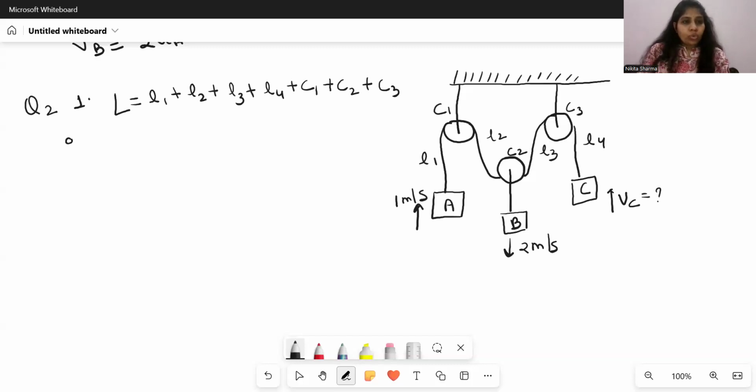In the step number 2, we will differentiate the entire equation with respect to time.